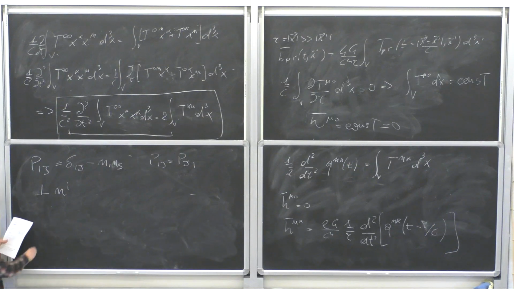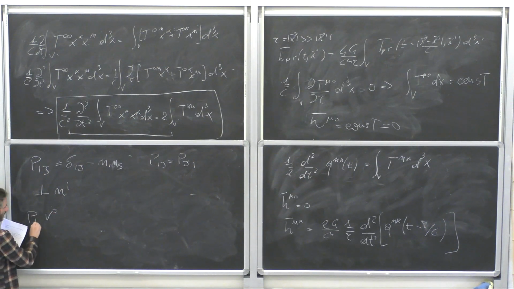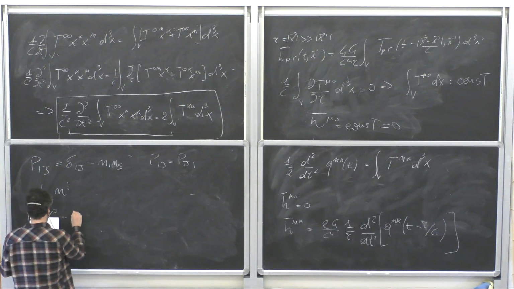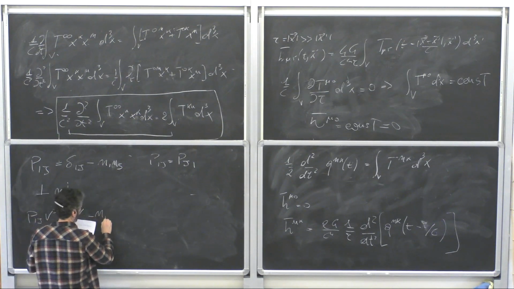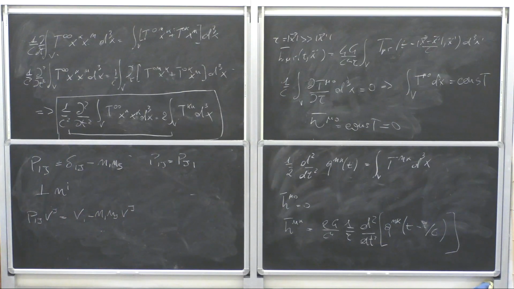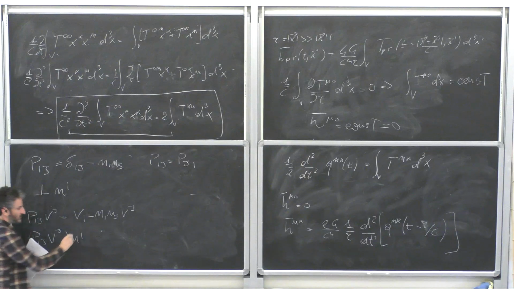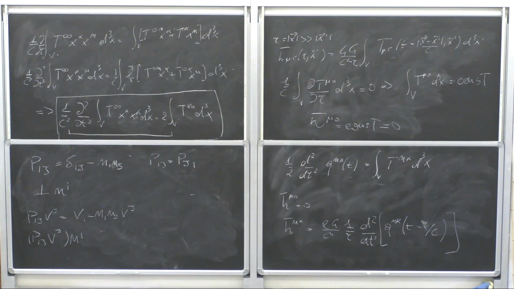You can check this because if you take a generic vector V_j and you do P_ij V_j, you get V_i minus n_i n_j V_j. And then if I do P_ij V_j n_i, so I project this onto the normal n, I should find 0.